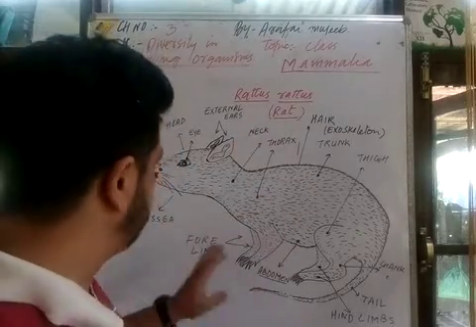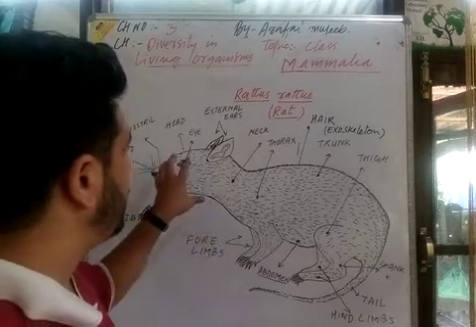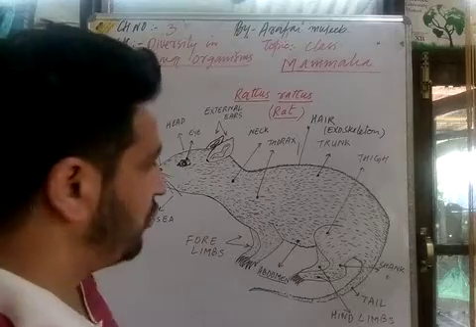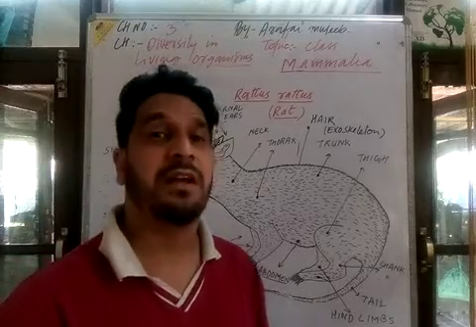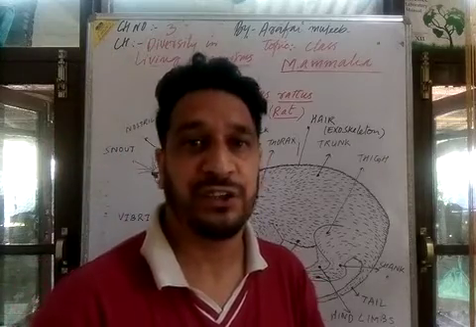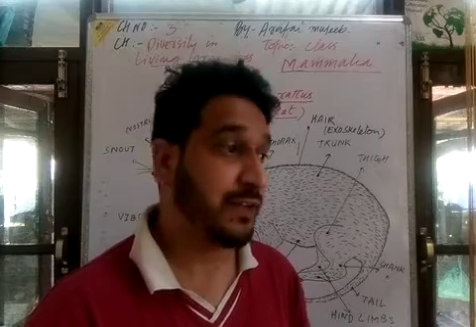Rattus, and you can see here what they bear. How can we differentiate their body parts? They also bear milk glands, mammary glands, which are highly developed, and functional milk secretion takes place in the mammary glands in females.